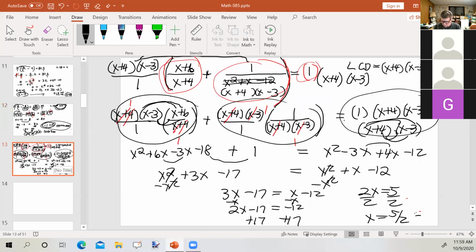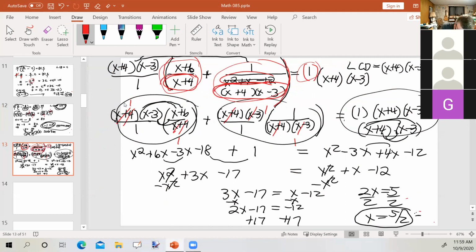All right. So what does all that have to do with anything? Now let's go back to the one we just finished. I need to make sure that that does not make any of the fractions dividing by 0. So let's go back and look at the original equation. We had this denominator and we had this, which became this.